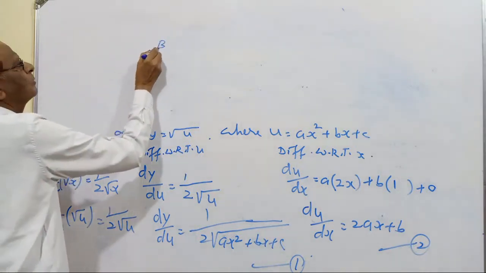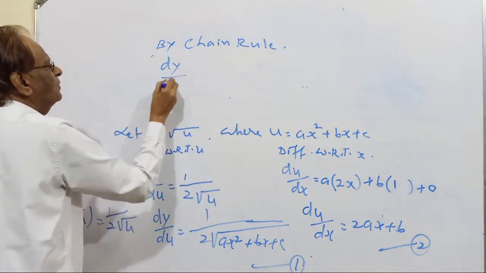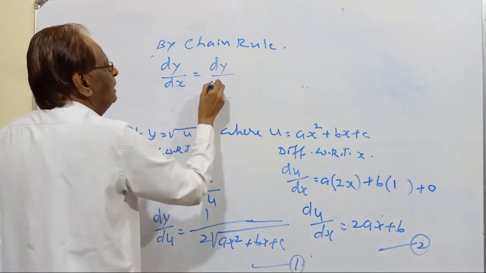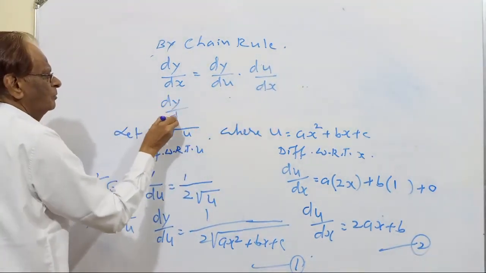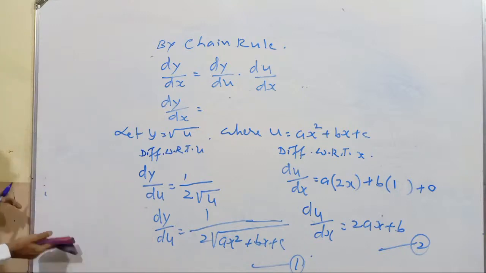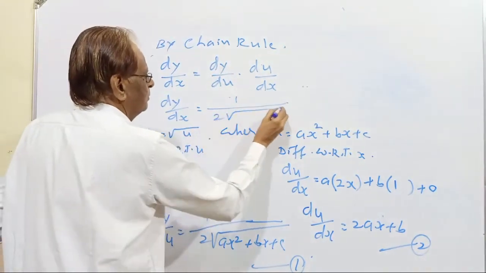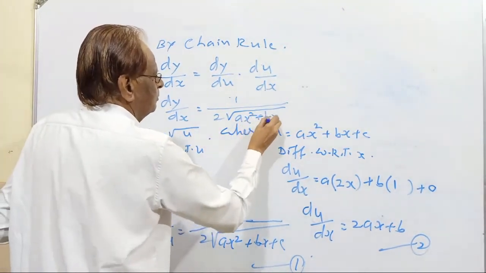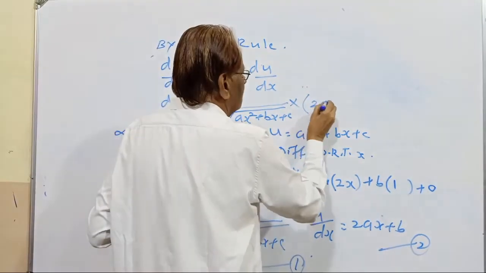By the chain rule, dy by dx equals dy by du into du by dx. dy by du is the first equation, and du by dx is the second equation.